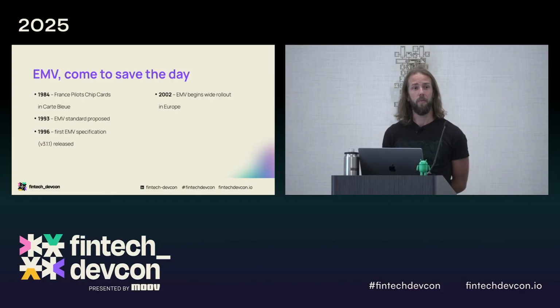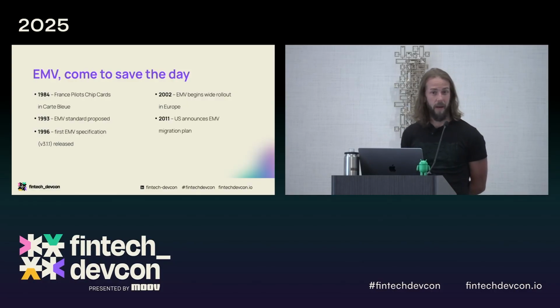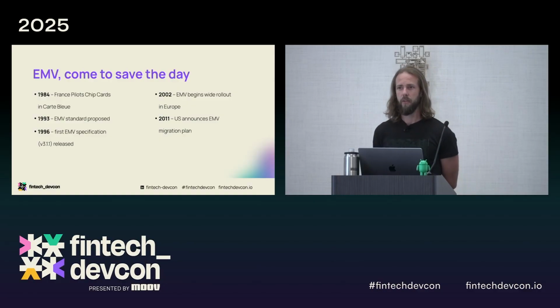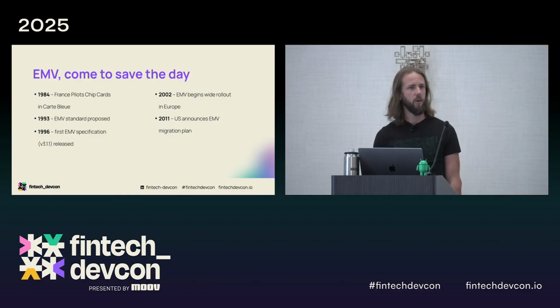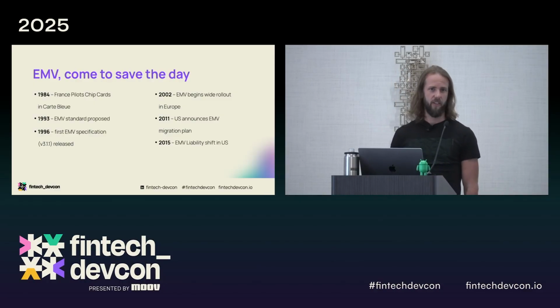2002 is when Europe began wide rollout of EMV, and then we joined in about a decade later because we do things on our own time in the US. It didn't quite take off as expected, either in Europe or the US, so the brands had to introduce liability shift.